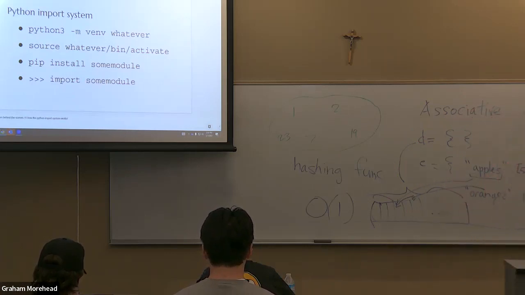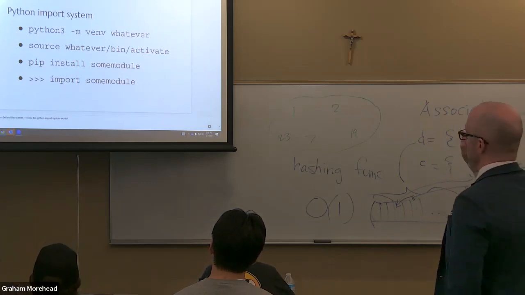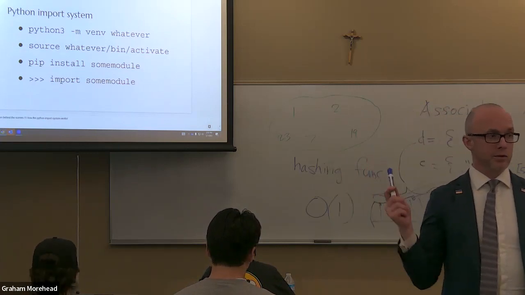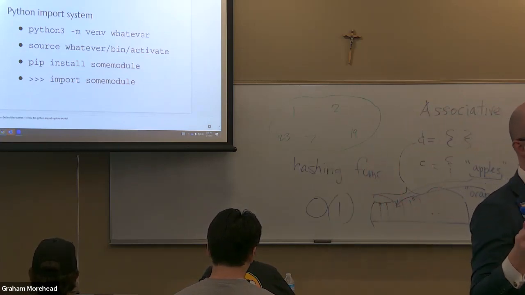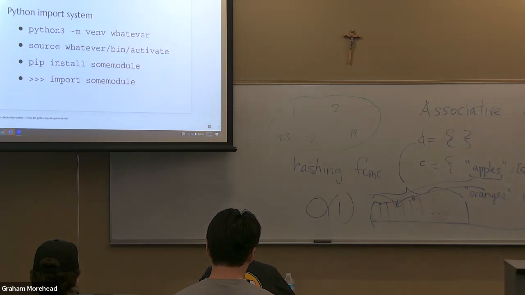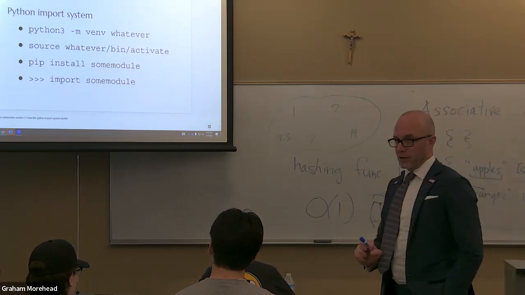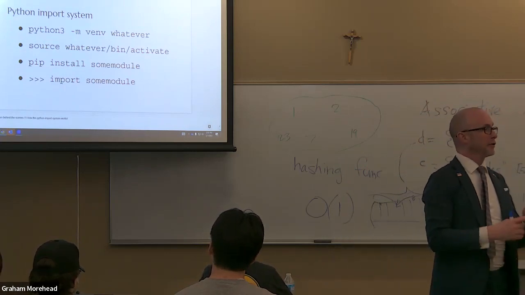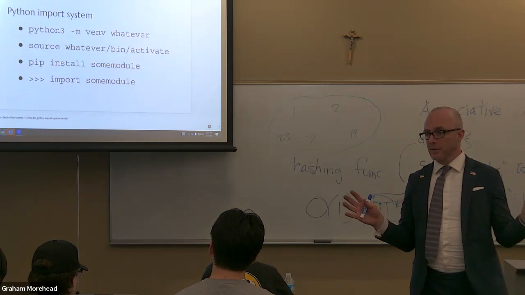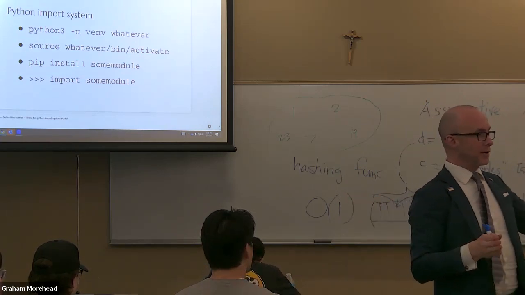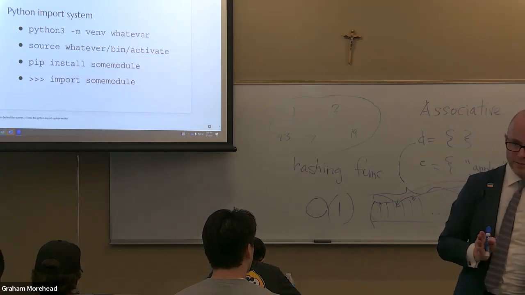What I typically do are these steps. The first one, the -m, means use this module. And the module is called venv, virtual environment. It's just something that comes with Python. And give it a name. Let's say we call it whatever. And that whatever could be a full path to somewhere else. I typically keep my environments somewhere separate from the actual code I'm running.